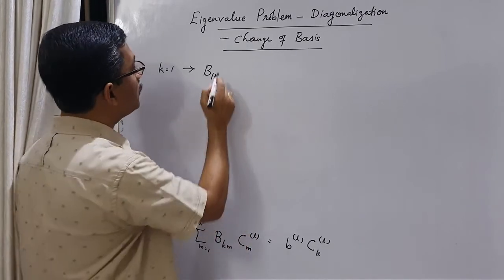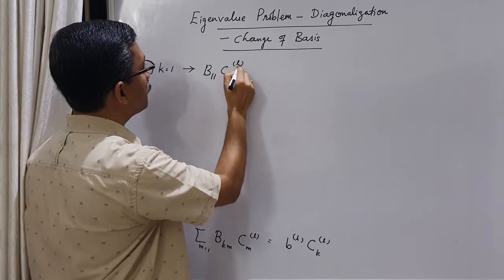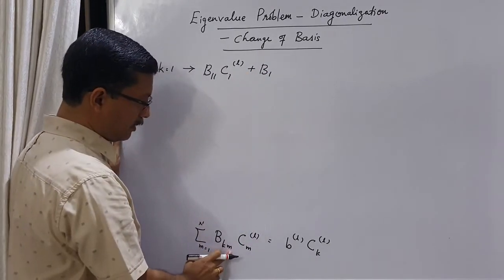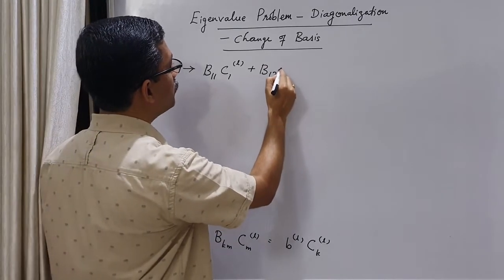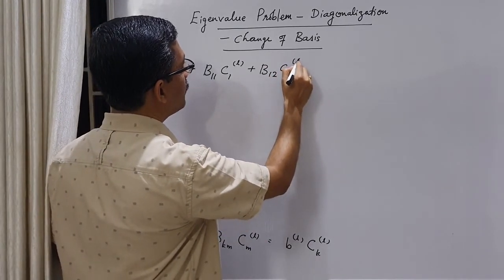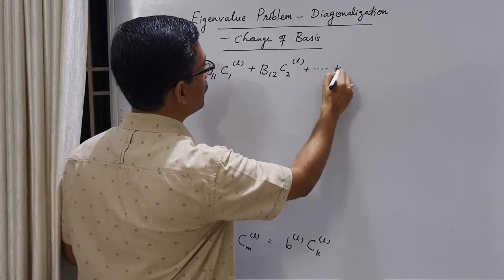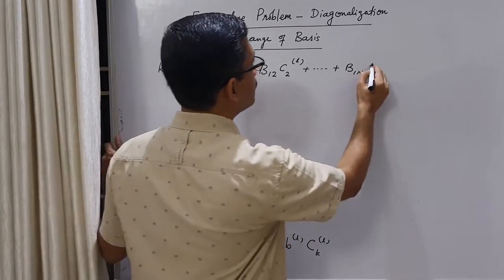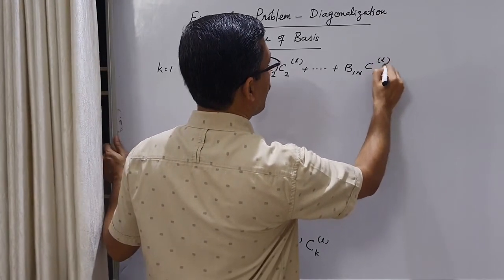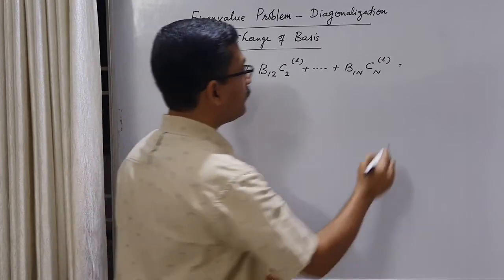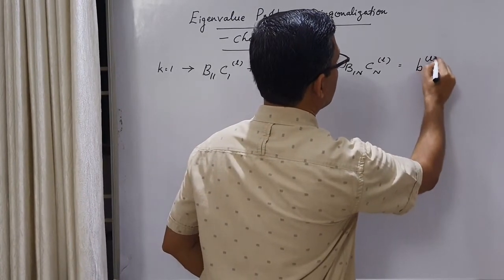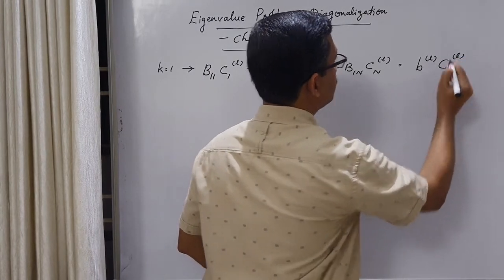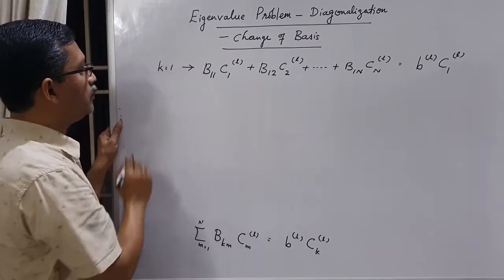So b11 c1l plus the next term, b1, k is 1, but the next term is m equal to 2, so b12 c2l, plus etc., plus b1n cnl, where m runs from 1 to n, equals, on the right side, bl c, k is 1, l. So this is for k equal to 1.